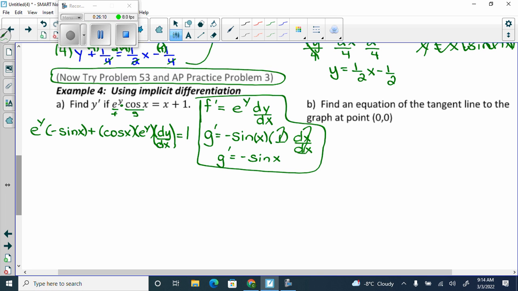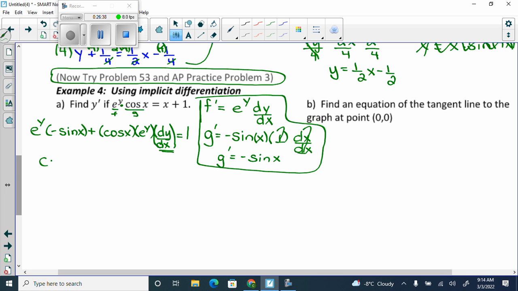Okay. So the first step is to derive. The second step is to get dy over dx by itself, right? Whenever I have just one y, which I've so far had only one y, it's been nice. So I just have to get this bad boy by itself. So I'm going to have to, this is actually subtracted, right? It's negative sine x e to the y. So I can add it over.